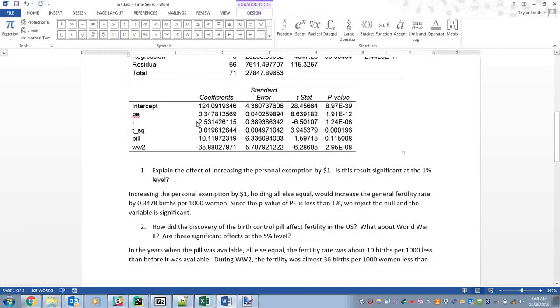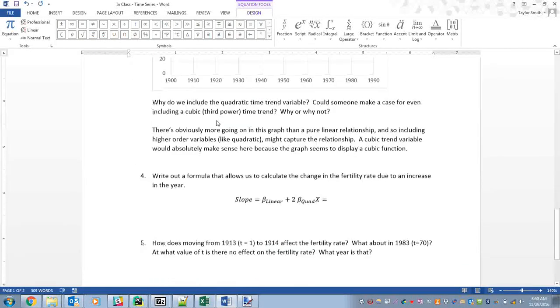So negative, we'll say, 2.5314. So that's negative 2.5314 plus 2 times, and what's beta quad?